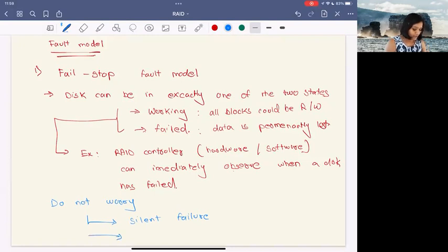And the second type of failures, partial failures, where a certain portion of the disk has failed, but there is still a certain portion of the data on that disk that can be read perfectly fine.